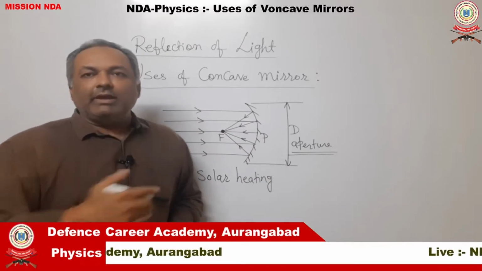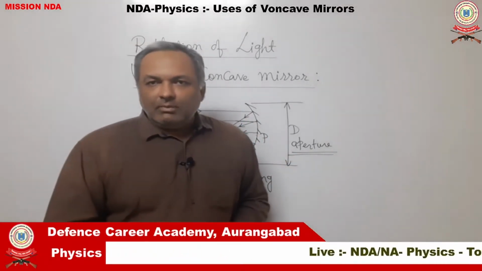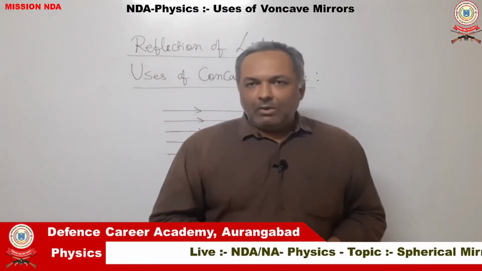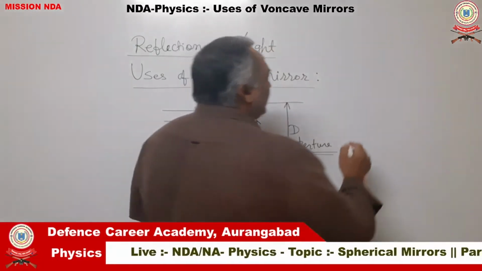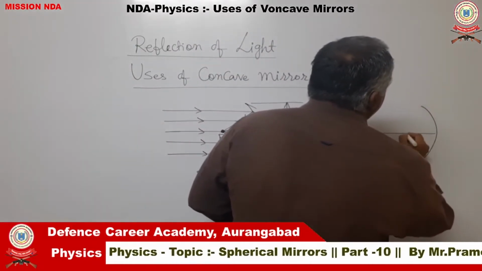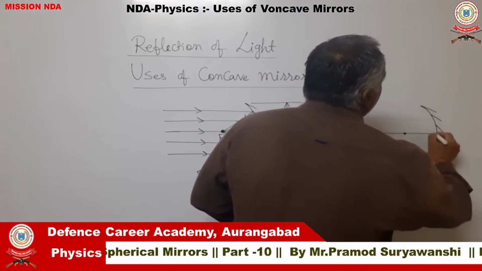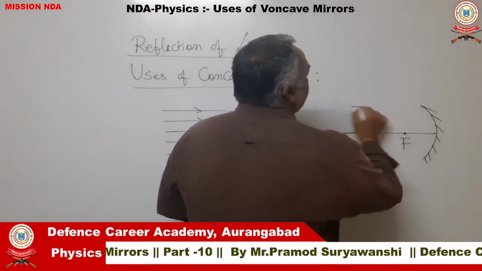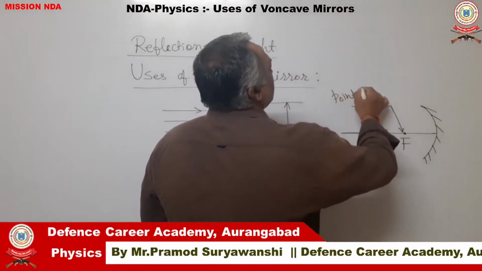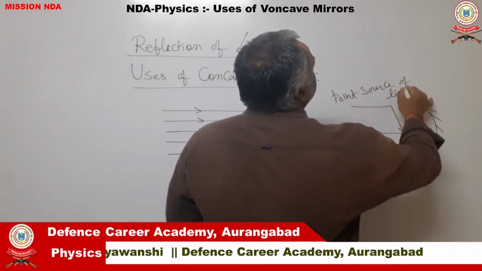Okay, second application, very much similar to this one. Suppose instead of gathering the rays of sunlight, we take a concave mirror and exactly at its focus we place a point source of light, like for instance an LED.